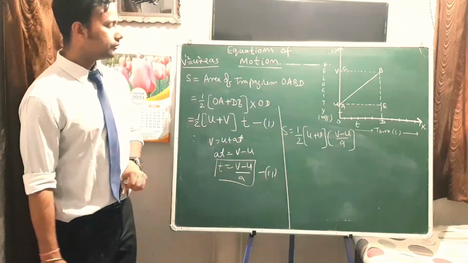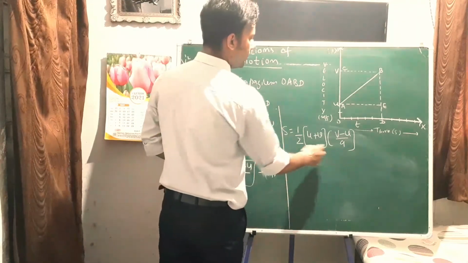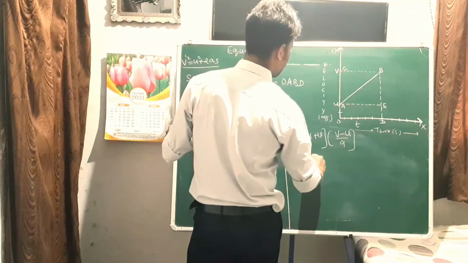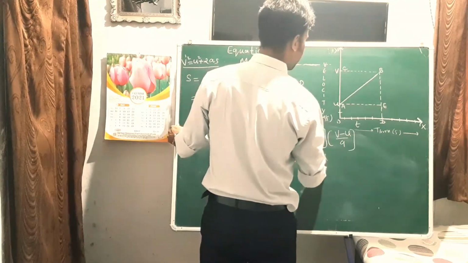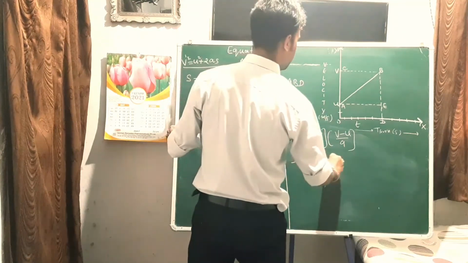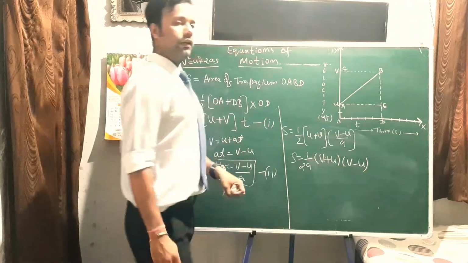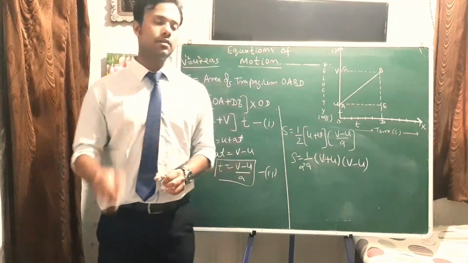So from here A can come outside. This will become S equals 1 by twice of A. Now we can write this as V plus U and V minus U, and you know that this is the formula of A plus B and A minus B, which is A square minus B square.